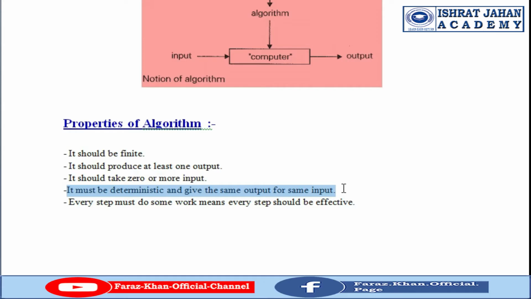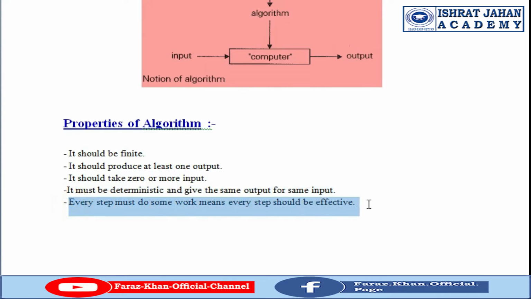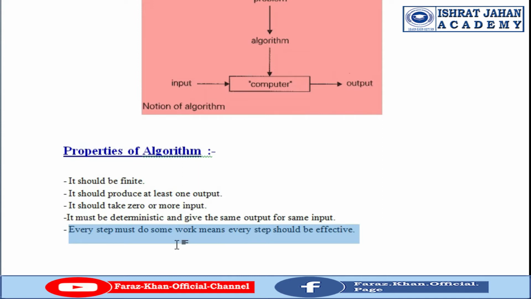And last but not least, every step must do some work, meaning every step should be effective. Every step must be of some use. There shouldn't be any irrelevant step.